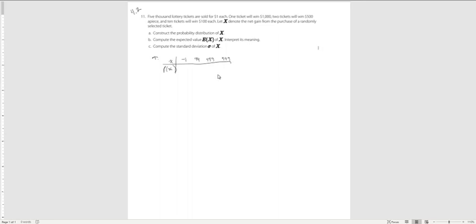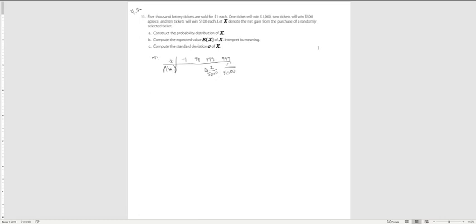So for winning 1,000, for the 999, there's one chance in 5,000. For the 499, that's a 2, so 2 tickets could win.